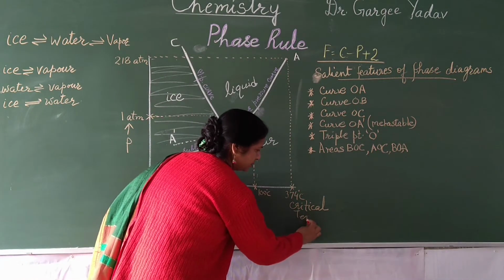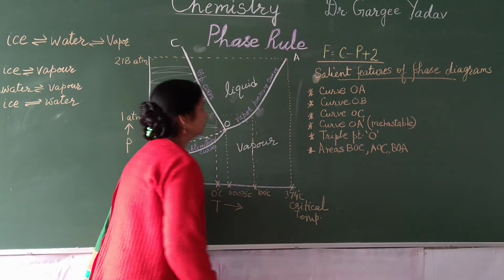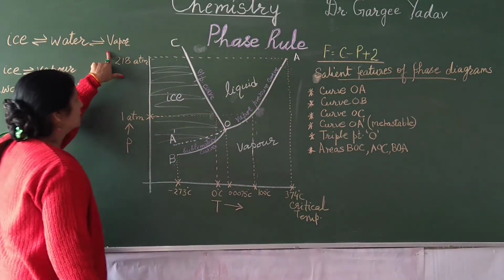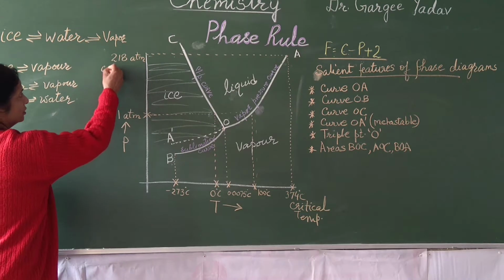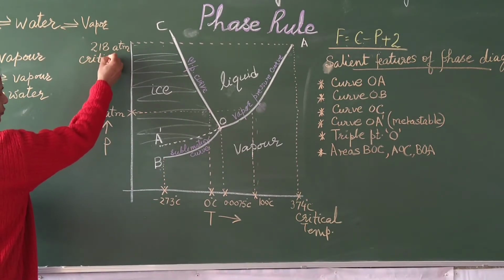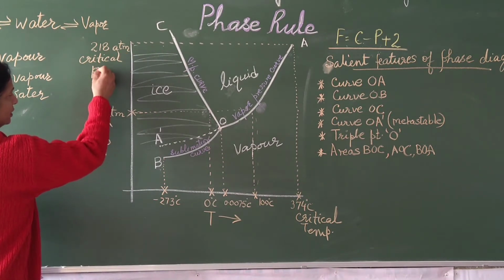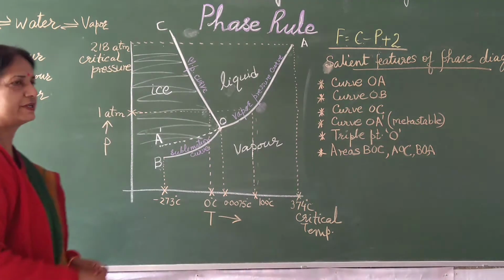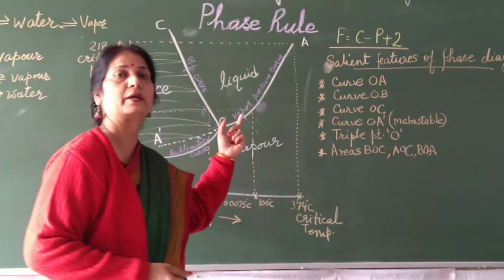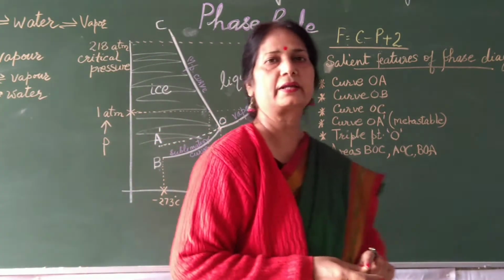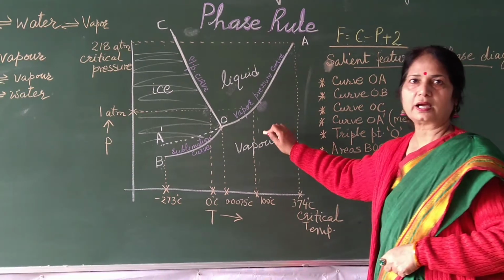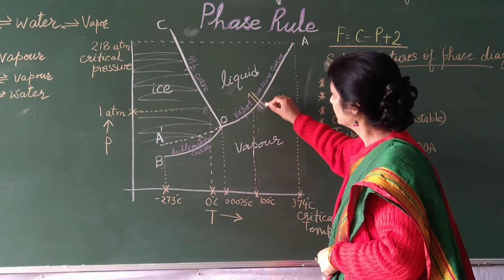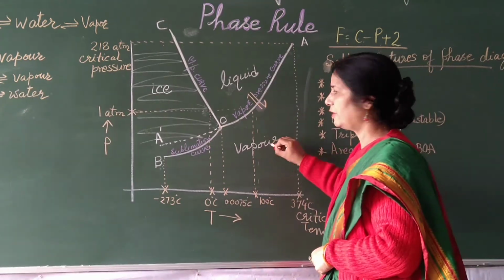The corresponding pressure, which corresponds to this point A, is the critical pressure, which is 218 atmospheres. This is the critical pressure. The two phases which coexist in equilibrium along curve OA are the vapor phase and the liquid phase. So which phases are coexisting here? The liquid phase and the vapor phase.